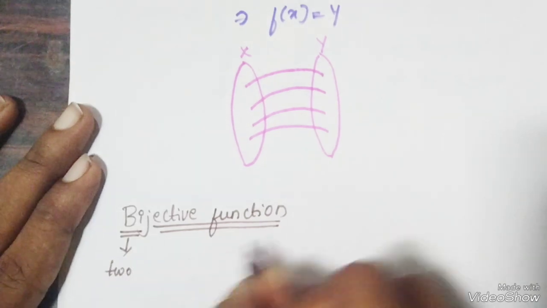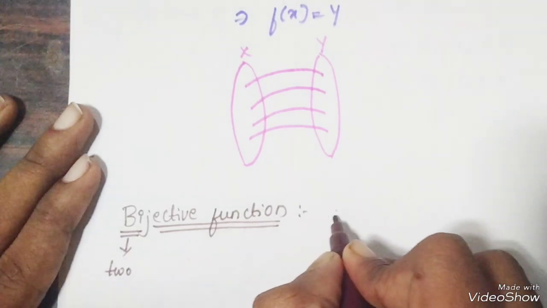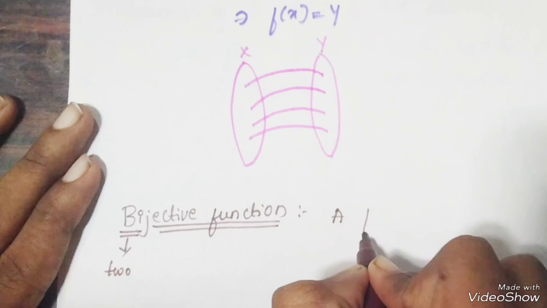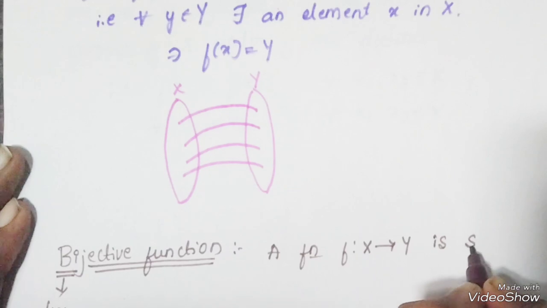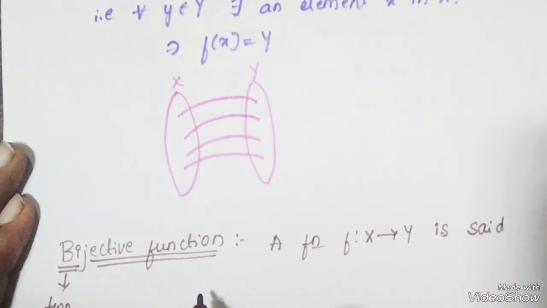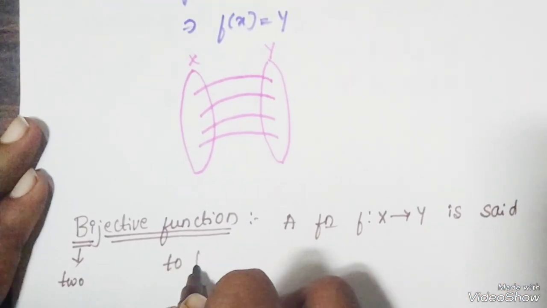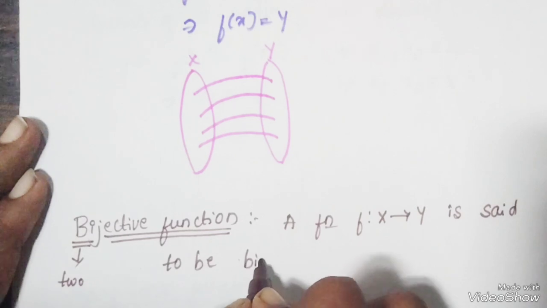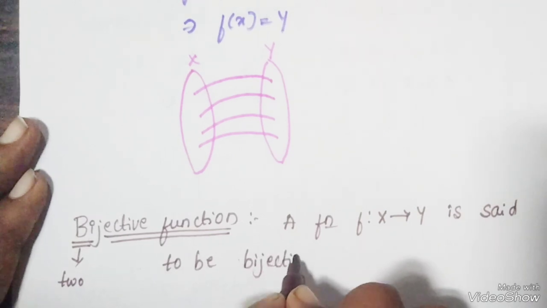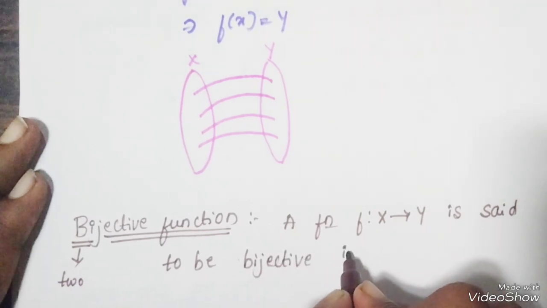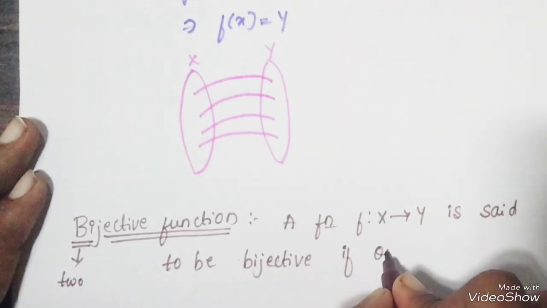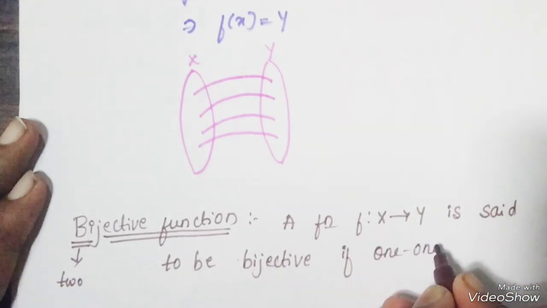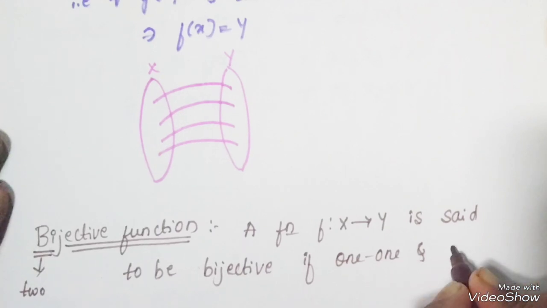Therefore, the definition: a function f from X to Y is said to be bijective if it obeys one-one and onto functions.